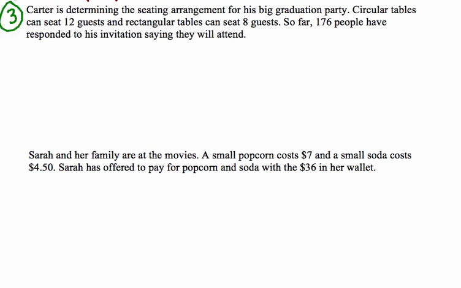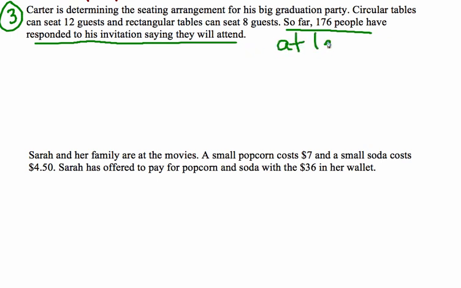Our third example says, Carter is determining the seating arrangement for his big graduation party. Circular tables can seat 12 guests, and rectangular tables can seat 8 guests. So far, 176 people have responded to his invitation saying they will attend. This last sentence doesn't have any direct math words for us, but given that we know that 176 people have said yes, we can assume that perhaps more than that will show up, and he wants to guarantee that he has seats for those 176 people.